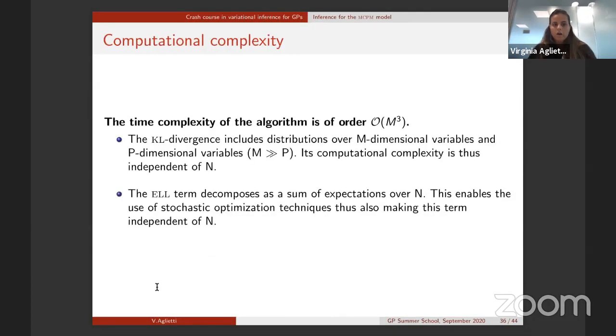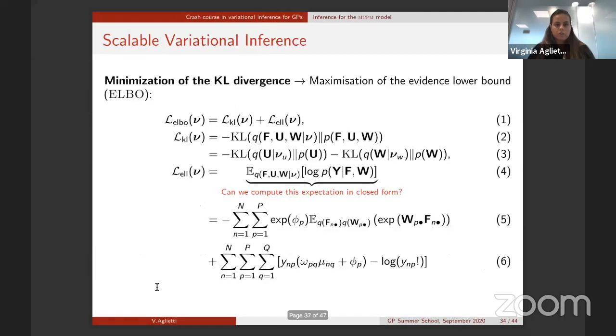So overall, let's go back to the terms so we can have a look at them. The KL divergence reduces the computation in terms of M-dimensional distributions.